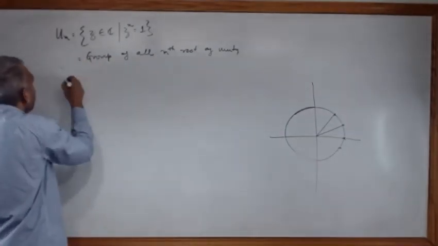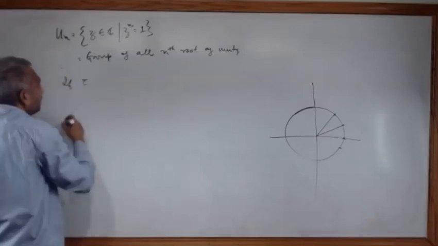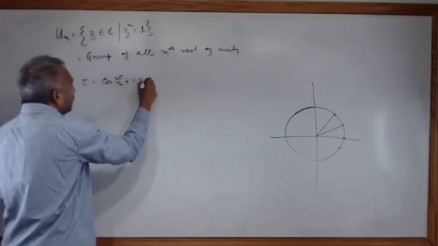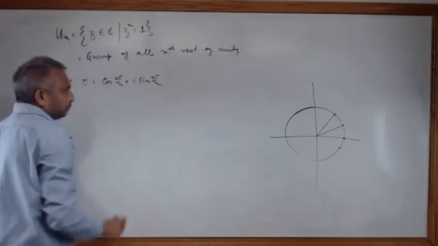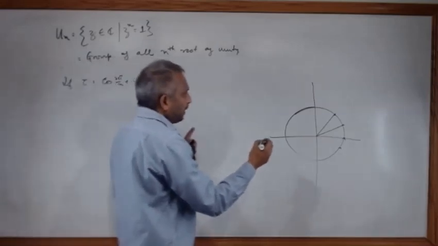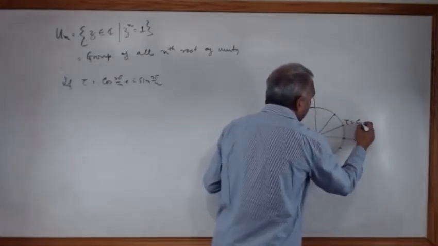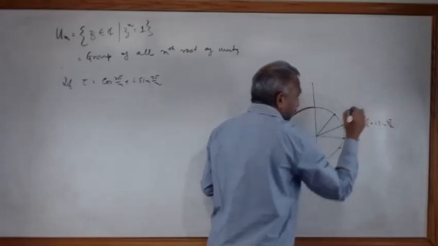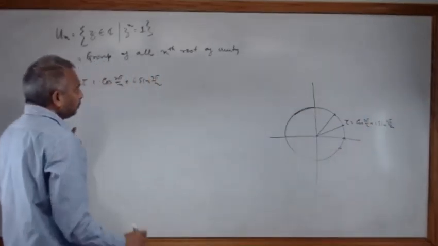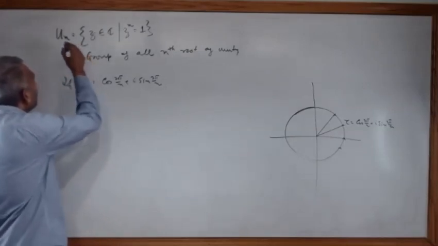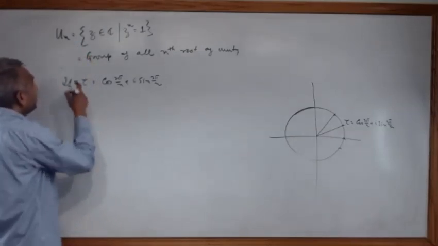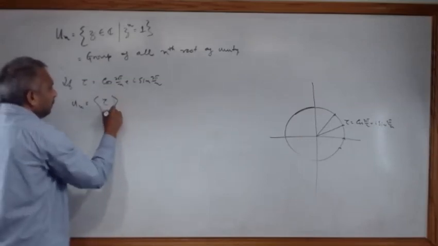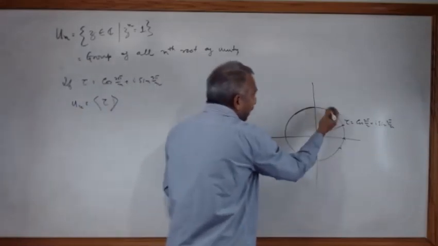Okay. So if zeta is equal to cos 2 pi by n plus i sine 2 pi by n, that is the first point here, then Un is generated by zeta, meaning there are n points here.